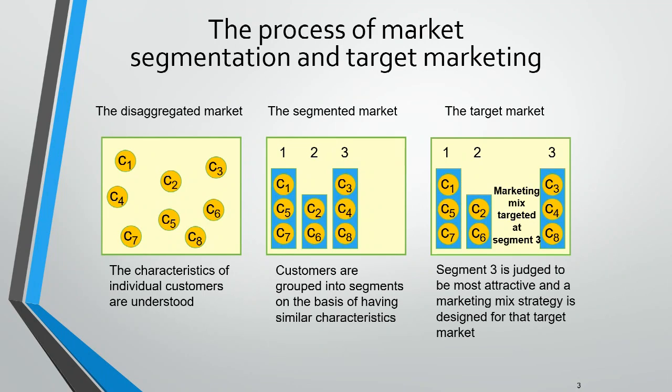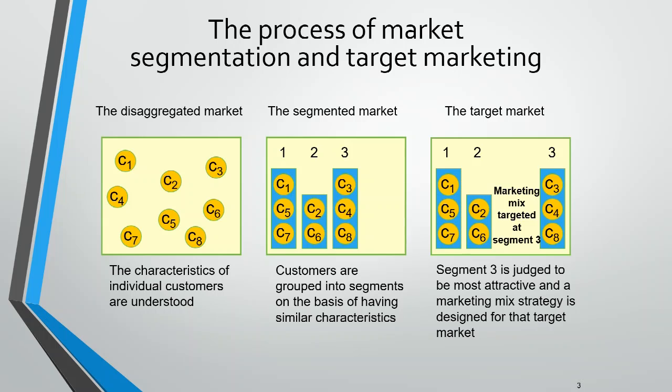After segmentation, how should we target the market? Here are three pictures about a market, and the first picture shows a natural state of a market. It's disaggregated, kind of messy, and unsorted, and a lot of consumers are randomly distributed in this market, even though we know their characteristics. In the second picture, after we segment this market, it looks much more organized.